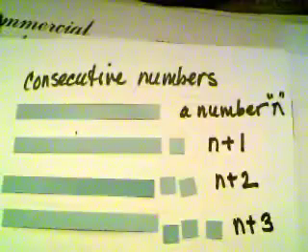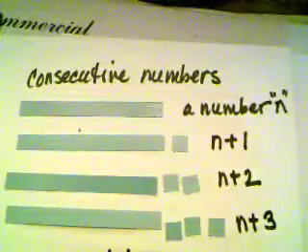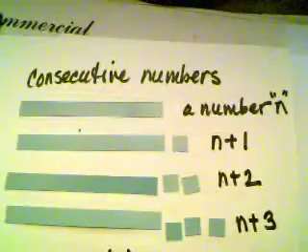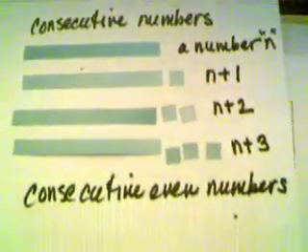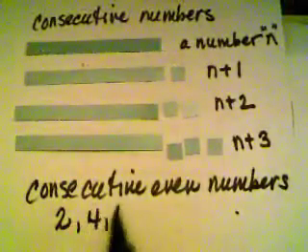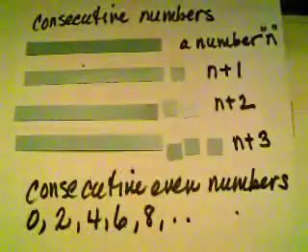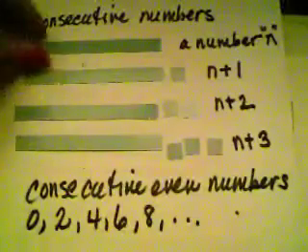If I want to represent consecutive even numbers, then they're going to differ by 2. Because if you think of 2, 4, 6, 8 as being the set of even numbers, you know that they're going to differ by 2.